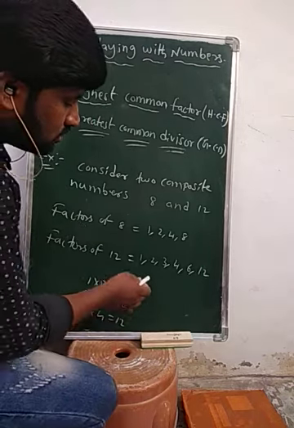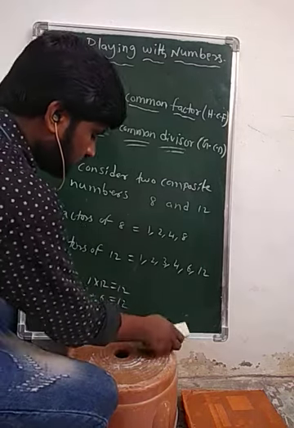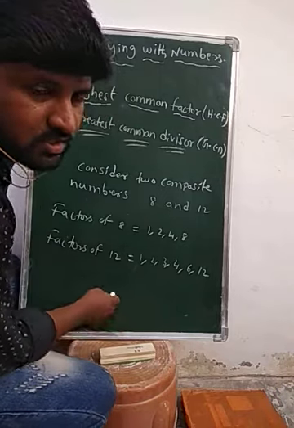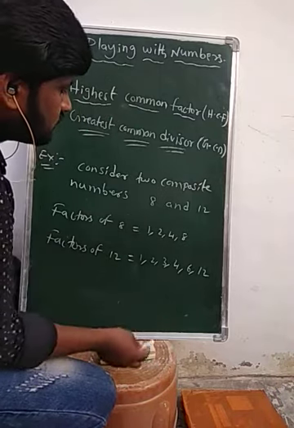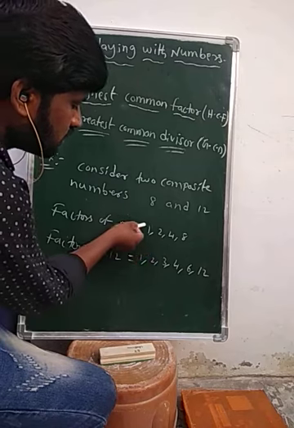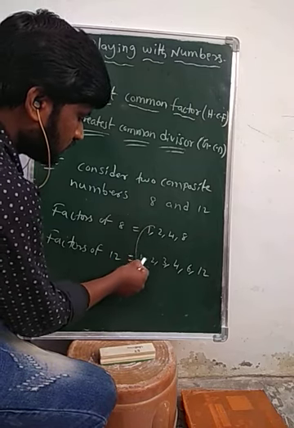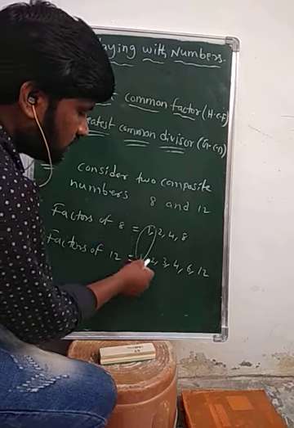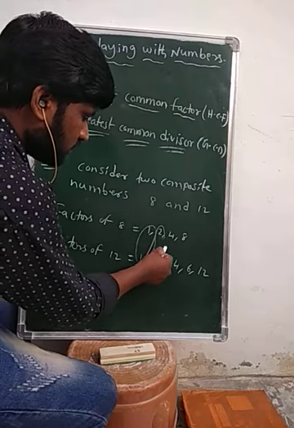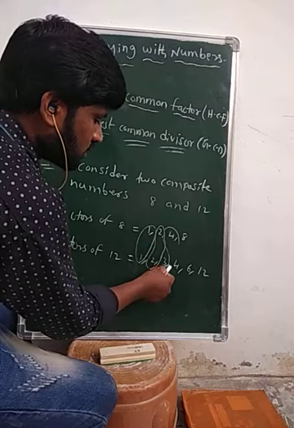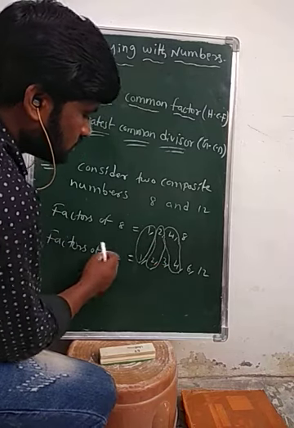Okay, so in this we have to find the common factors. Common means it should be in this one and in that one. So 1 is a common factor for both 8 and 12, 2 is also a common factor, and 4 is also a common factor to both numbers.